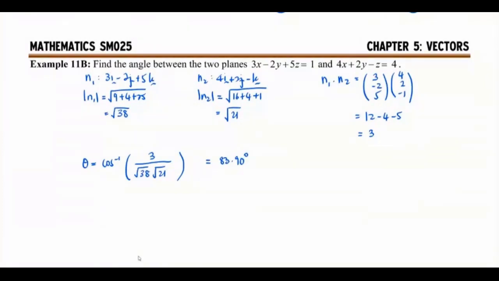Okay. So semua orang dapat yang ni? Dapat Miss. Okay. So we try for the 11C, the same pattern.